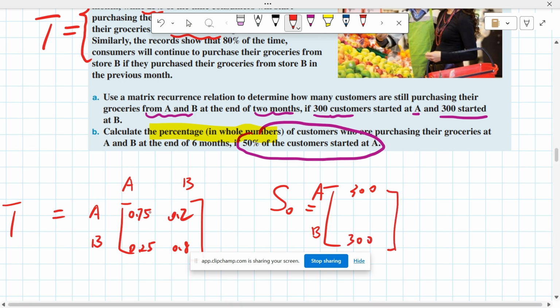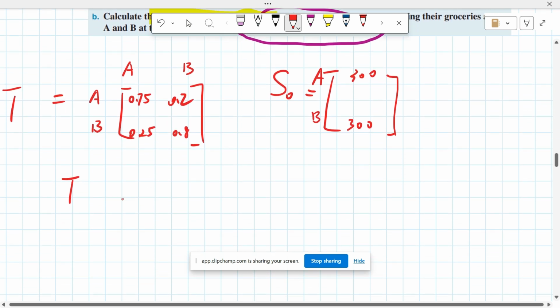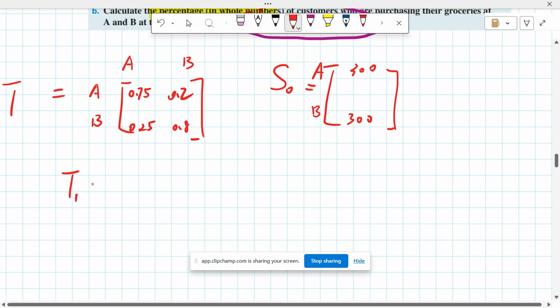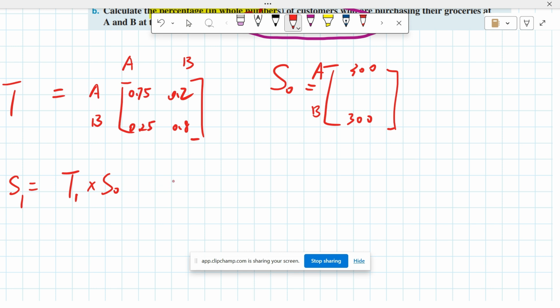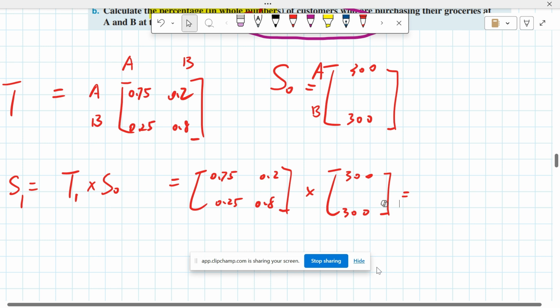After 2 months, T times S0 equals S1. The first month is 0.75, 0.2, 0.8, 0.25 multiplied by 300 and 300. I can't remember the result, but I can show you in the calculator real quick.